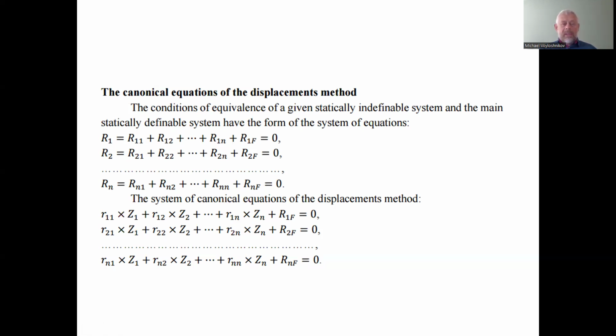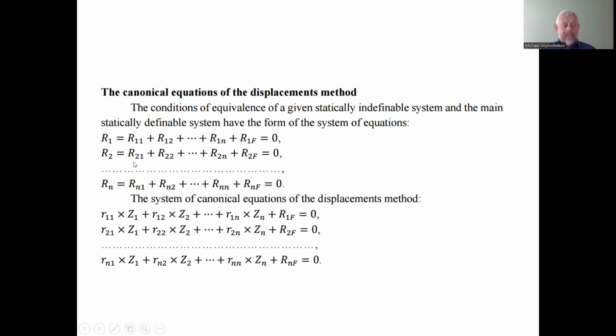Plus the free sum, like R1F, on the same force summed on behalf of the action of the external load. For the second direction, the direction of the limit of the displacement in the point which corresponds to the degree of mechanical indefinability of the mechanical system considered.